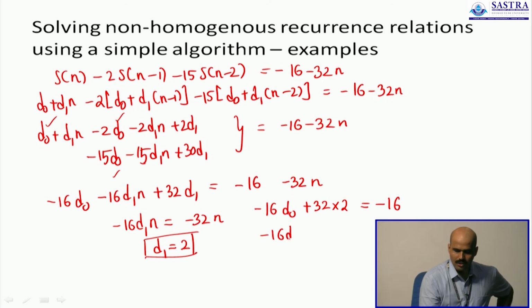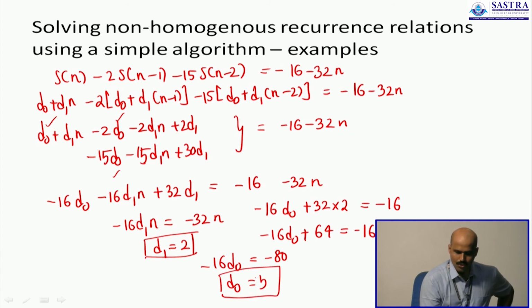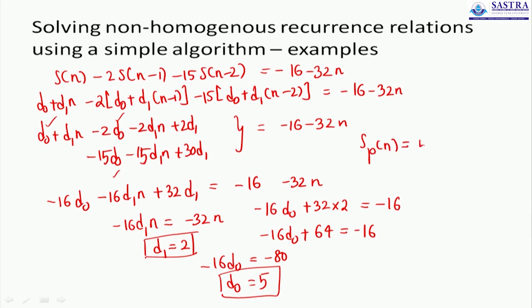Minus 16 d naught plus 64 is giving us minus 16, or minus 16 d naught is minus 80, which means d naught is 5. So, the particular solution we are looking for, Sp of n, is going to be 5 plus 2n.